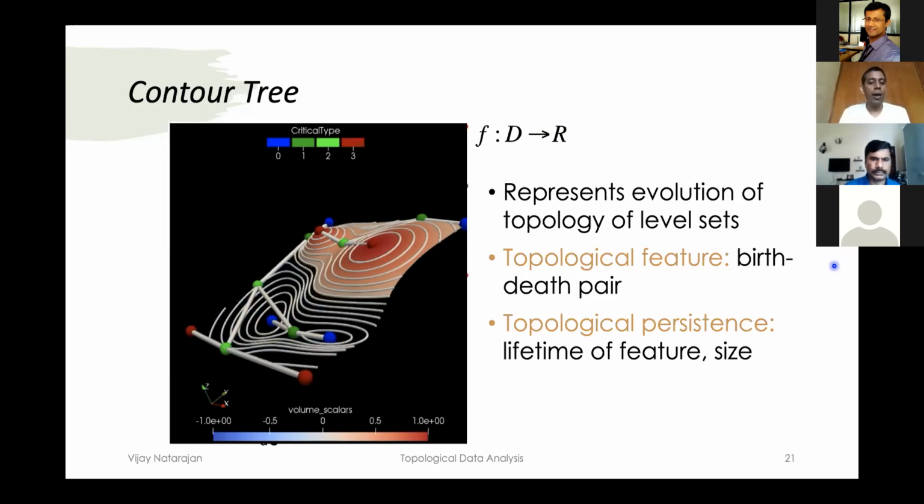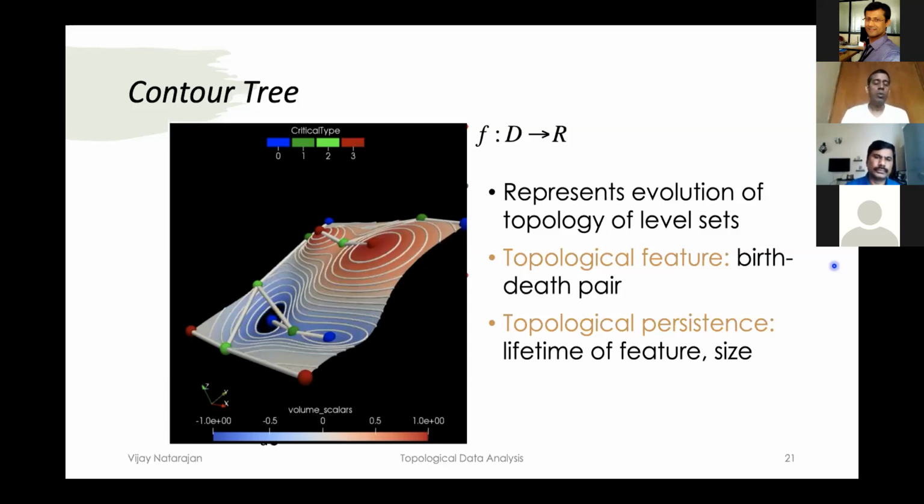And as you go away from the boundary, you will see that it will now have a single component. And as you hit the green point, it splits into two components. And as you go towards the maxima, one of the components vanishes, one on the left, and then finally the component on the right also vanishes.